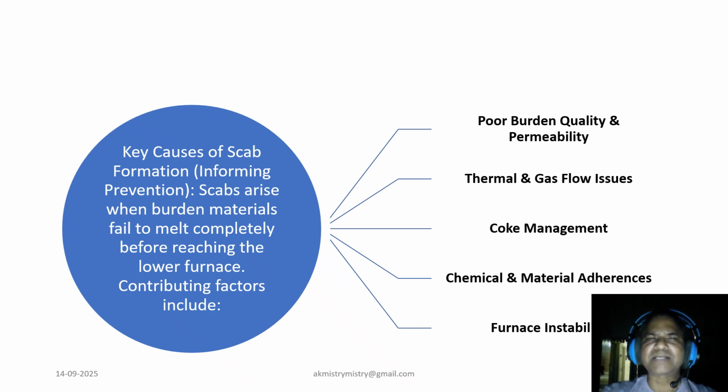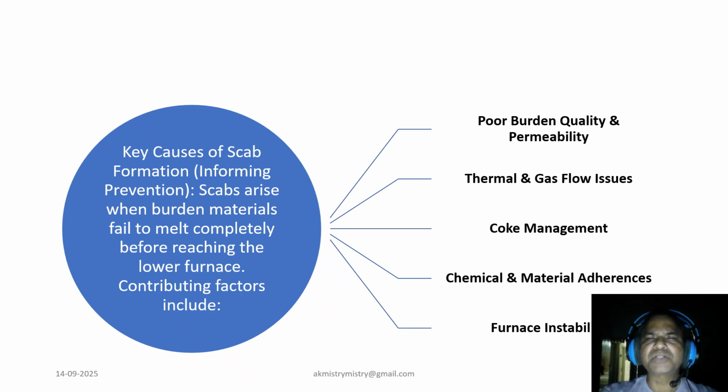A major factor is poor burden quality and permeability, often due to excessive fines, especially the material less than 5 mm in the ore burden. These fines reduce gas flow, impeding proper heating and reduction.